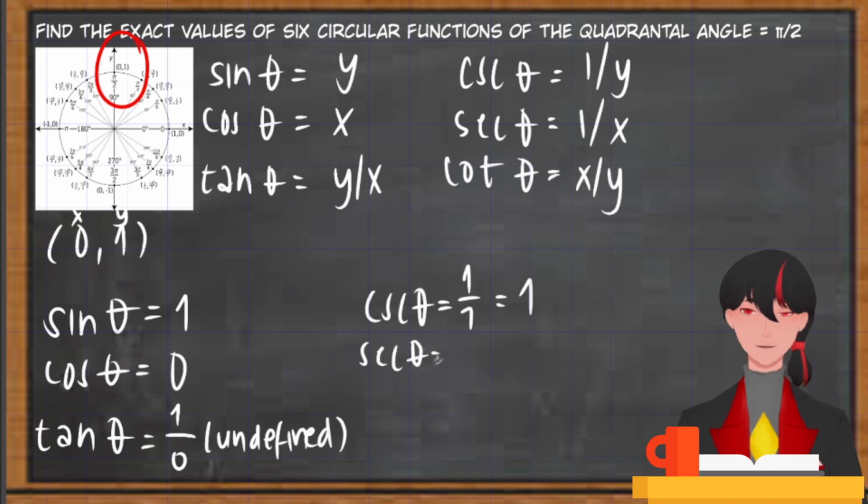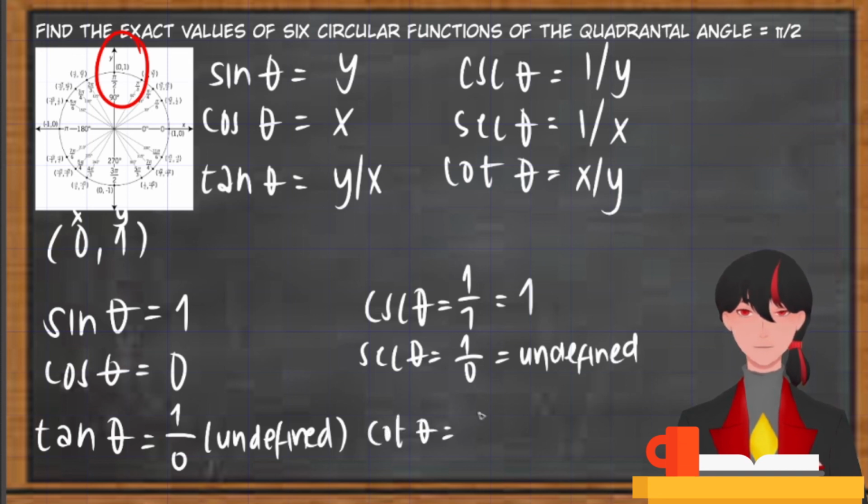Secant theta would be 1 over x, so it would be 1 over 0, so it would be undefined. And then cotangent theta would be x over y. So what is x? It would be 0, y would be 1, so it becomes 0. Now this is actually pretty easy, so let's move on.